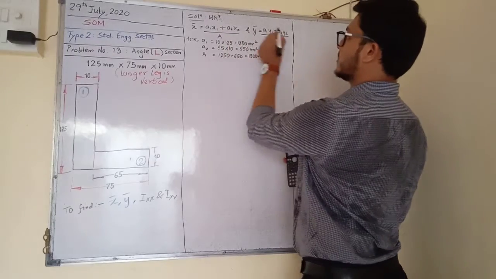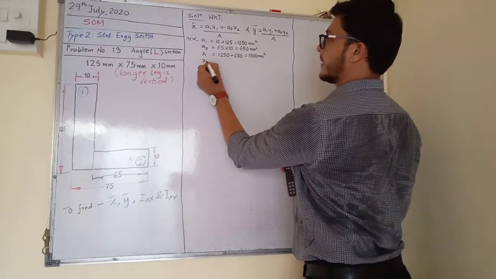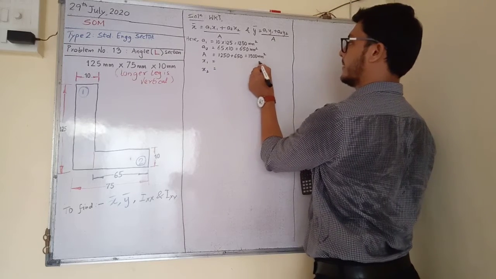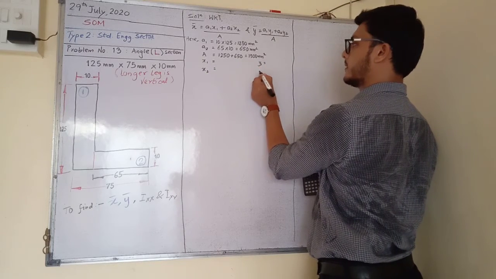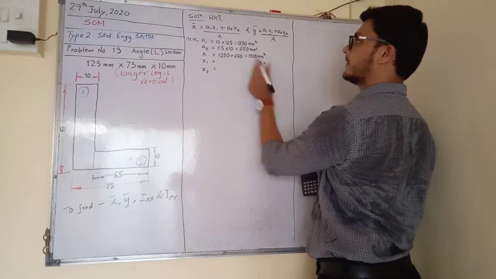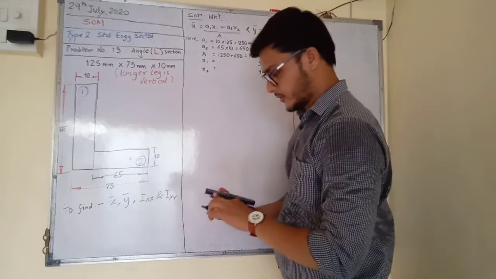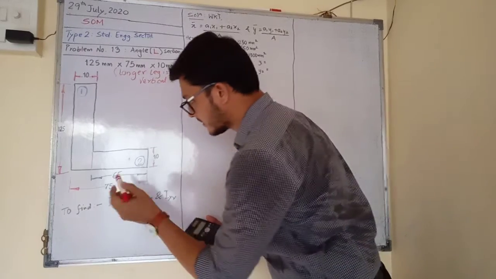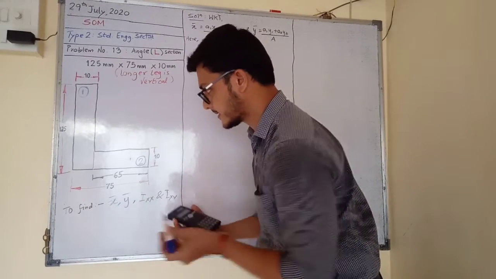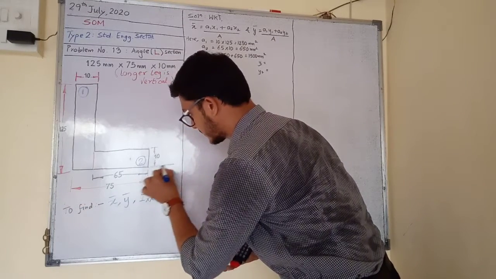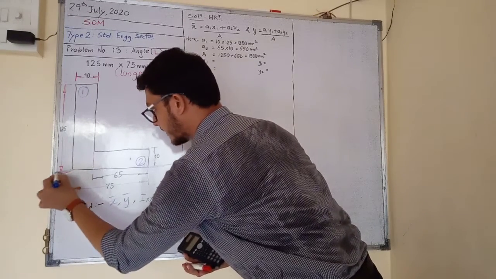Now x1, x2, y1, y2 we need to find. Then we will get x bar and y bar on substituting. So here I am drawing two reference axes. One reference axis is here at the bottom of the figure.